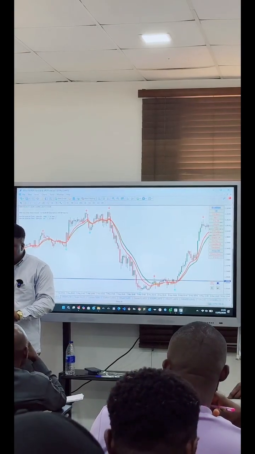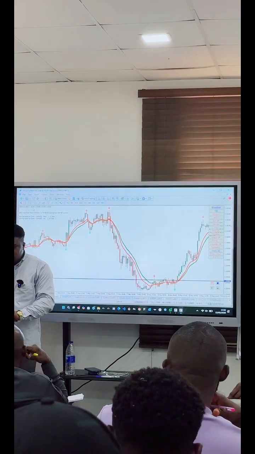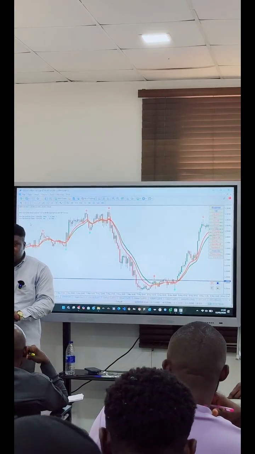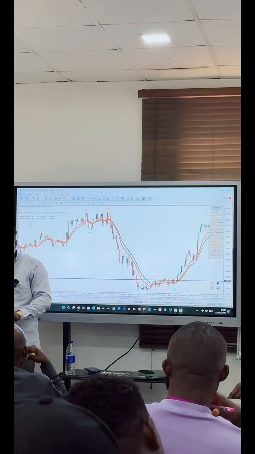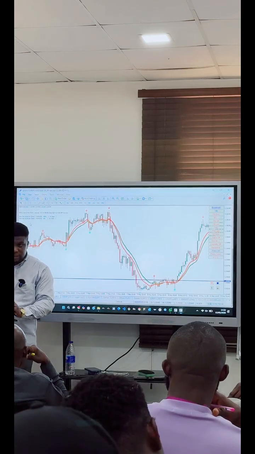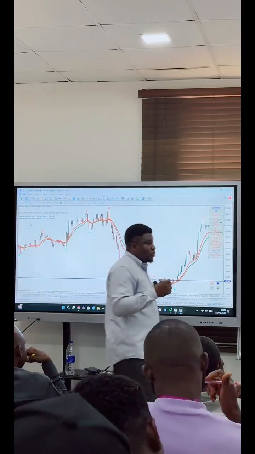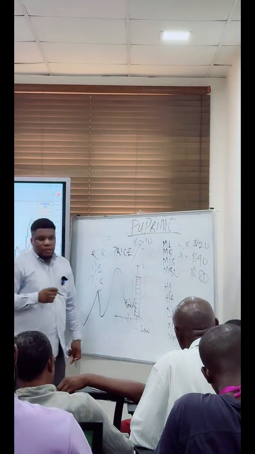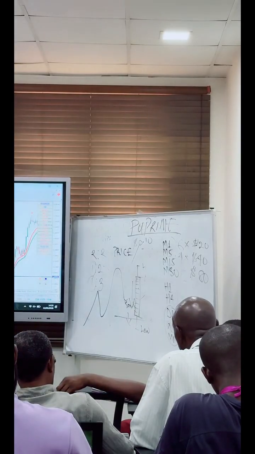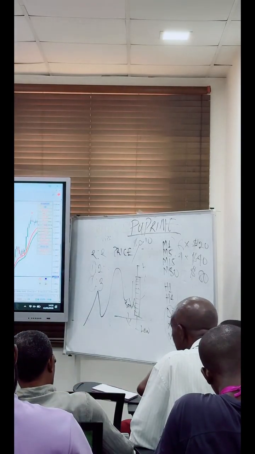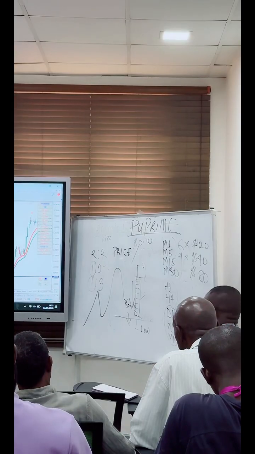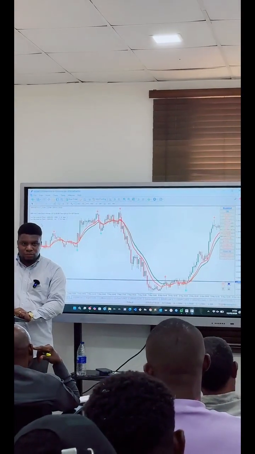So now let's look at the profitability per pip. For every 10 points, 1 pip is 10 cents, which is $0.10. If you are using this one, it's going to take long. For 10 pips, I'm making just $1.